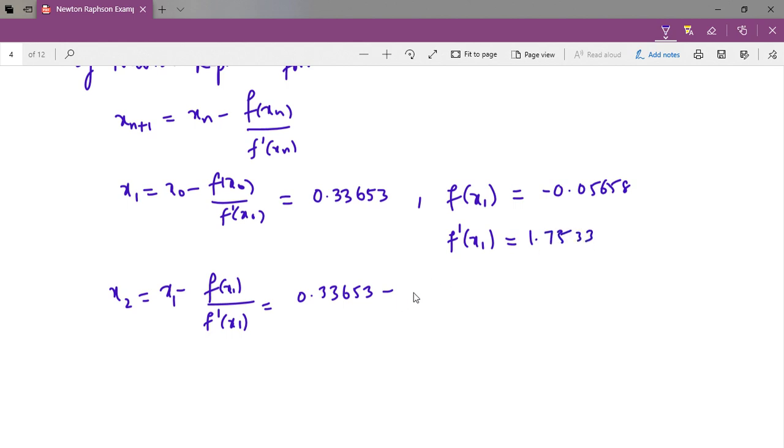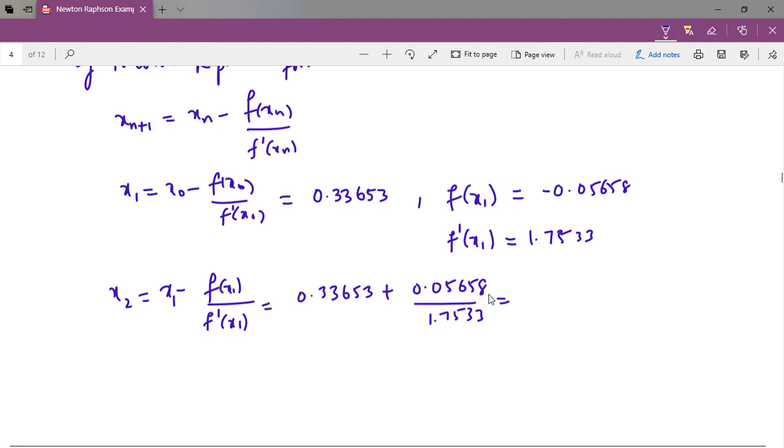Substitute these values here. Minus into minus becomes plus 0.05658 divided by 1.7533. So this gives you 0.36.